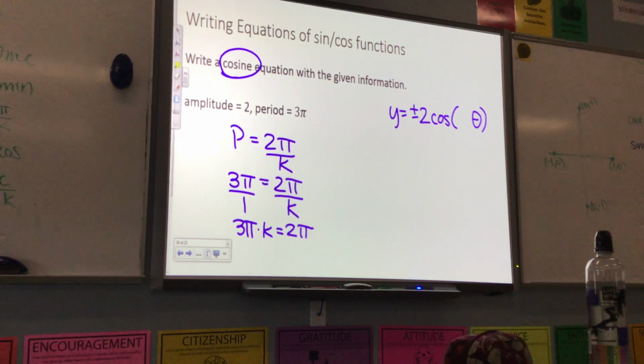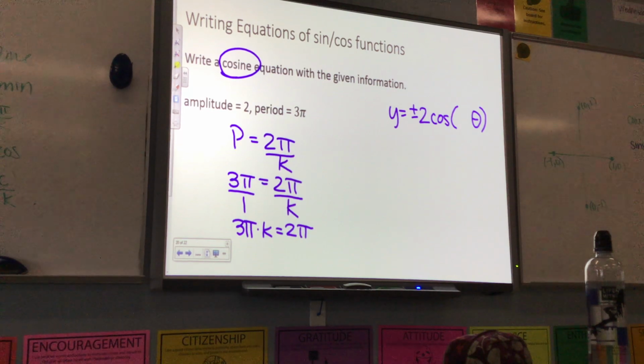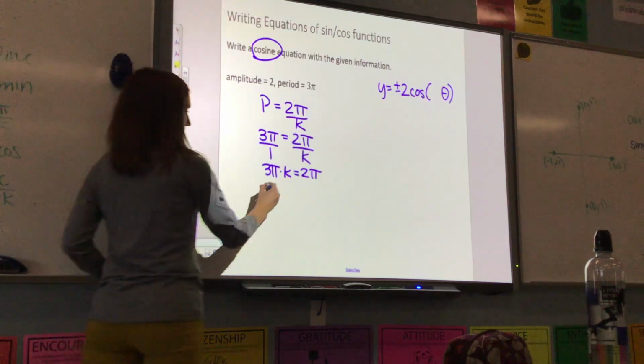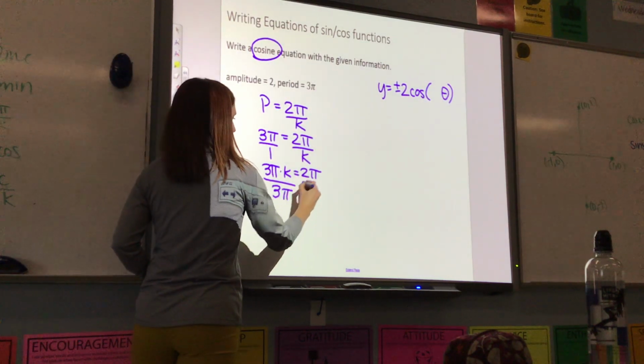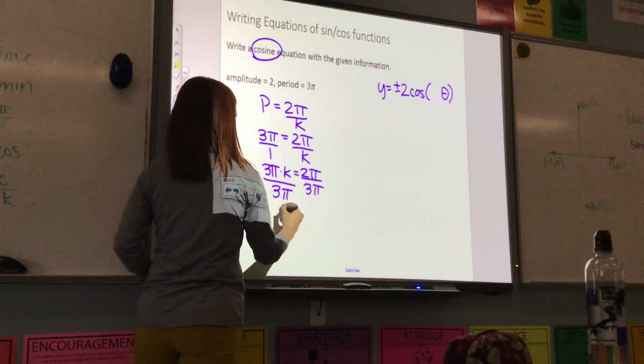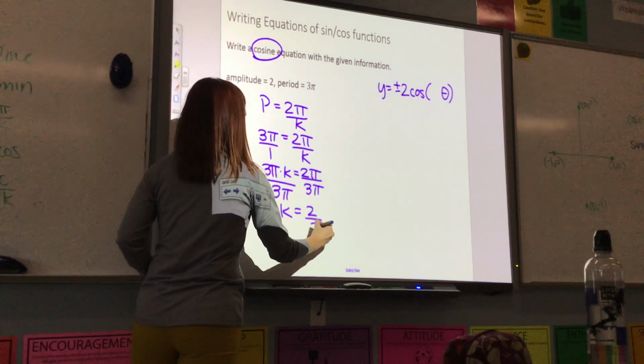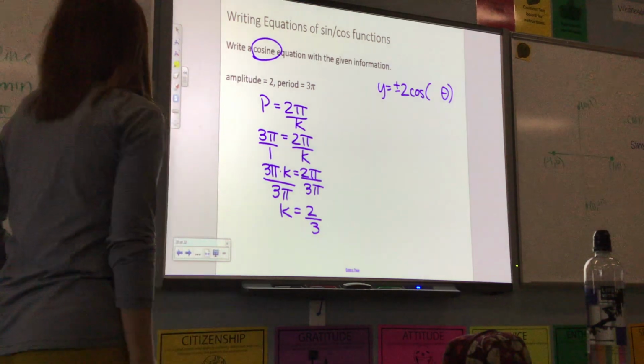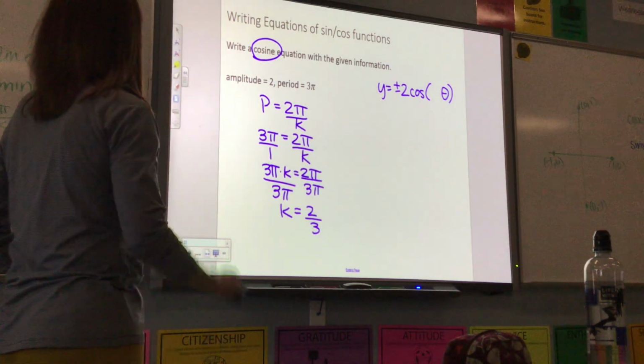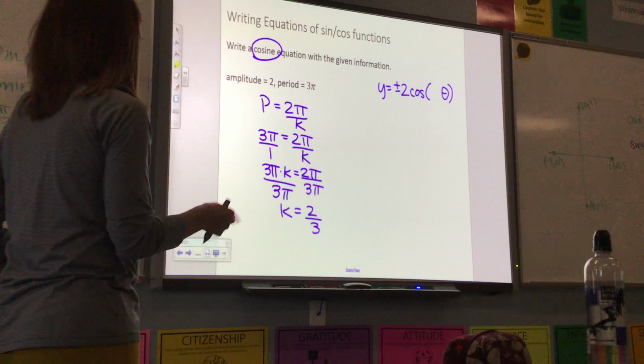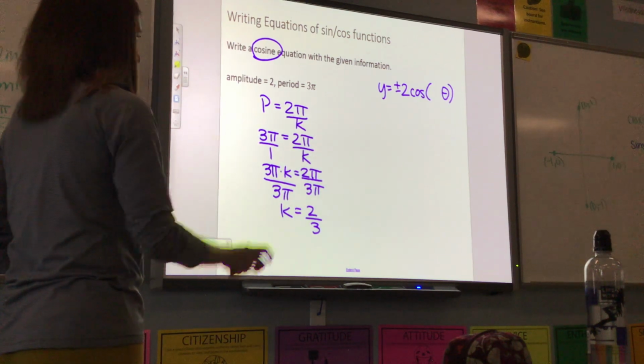Good. Divide by that 3 pi. So if that's 2 pi multiplied by 3 halves, it has to be divided by that number, and so you put 2/3. Yes.